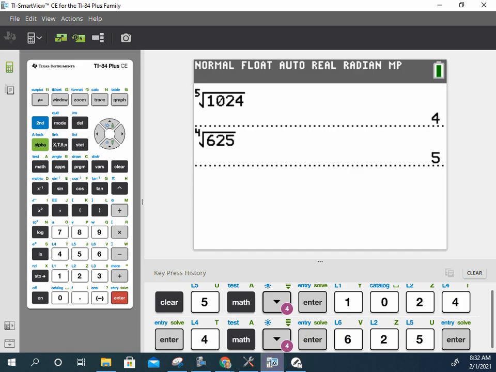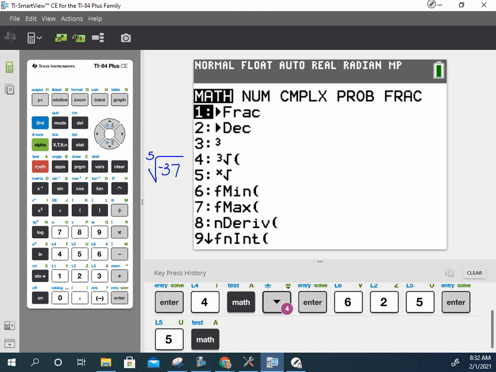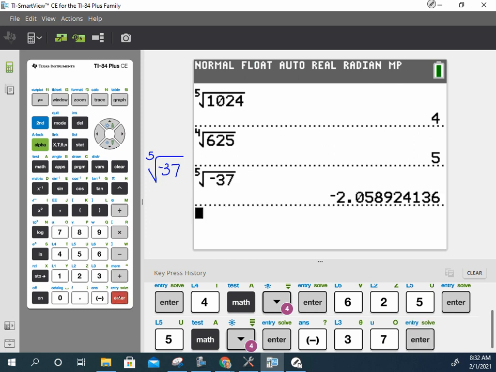So let's go to our calculator. The problem was the fifth root of negative 37. Type in the 5, go to math, go to the fifth button down, type in negative 37. So you get negative 2.0589244136.